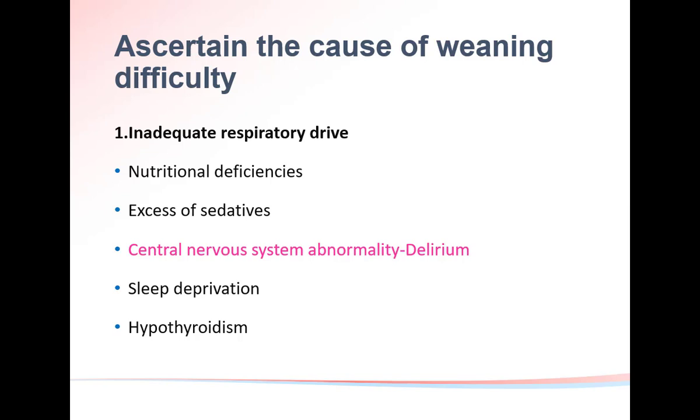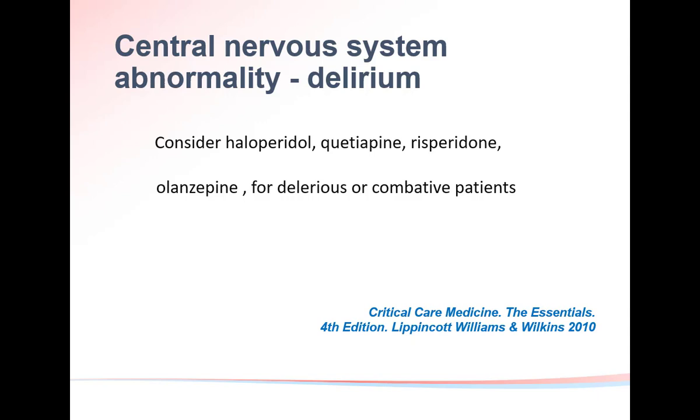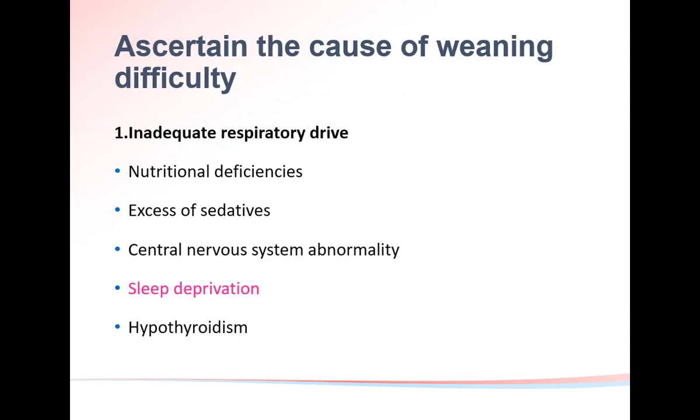Sometimes the patient is drowsy, you don't know what is the reason. Everything is fine, but this person is drowsy. It could be a hypoactive delirium. And you could give haloperidol, quetiapine, risperidone, olanzapine. We prefer quetiapine. The patient is drowsy, you give him quetiapine, you've ruled out everything, you'll find the next day the patient is conscious. Because it was delirium and not drowsiness because of any other reason.